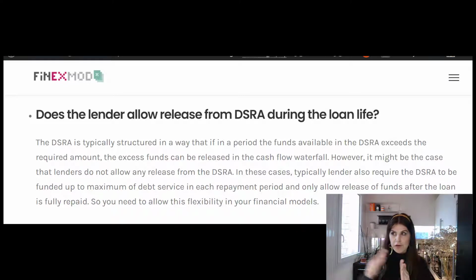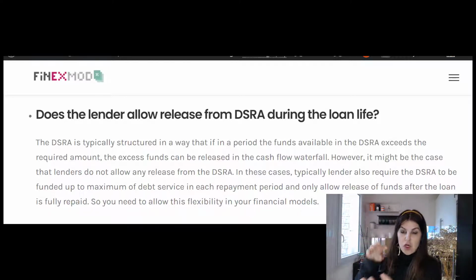They say, okay, we're going to pre-fund it up to the maximum of debt service, and then we're going to lock that money and make sure it is available, so that in case we have any problems in any model period, there are enough funds in the reserve account to solve the problem in that period. So the maximum is there and it is locked.